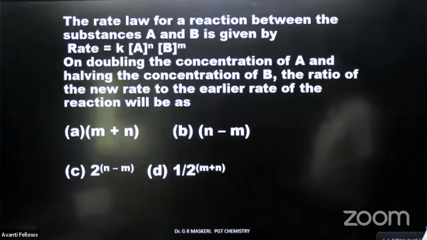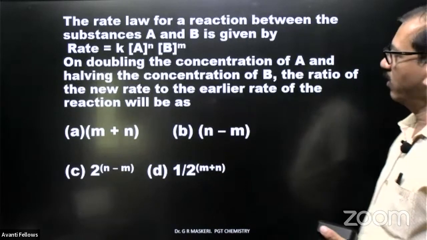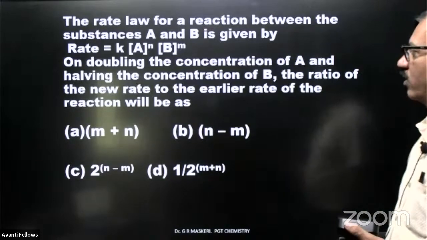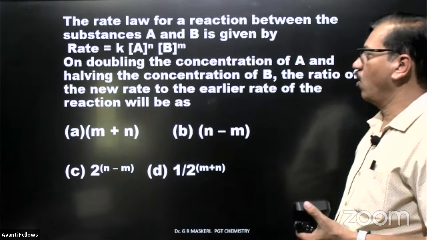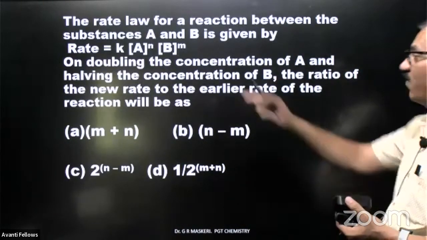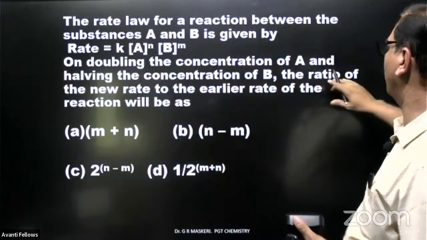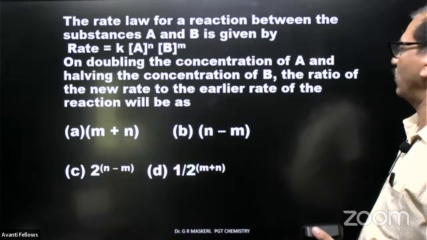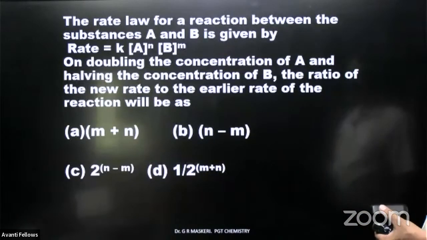Now, the rate law for the reaction between the substances A and B is given by rate is equal to k into A to the power n and B to the power m. On doubling the concentration of A and making it half the concentration of B, the ratio of the new rate to the earlier rate of the reaction will be?